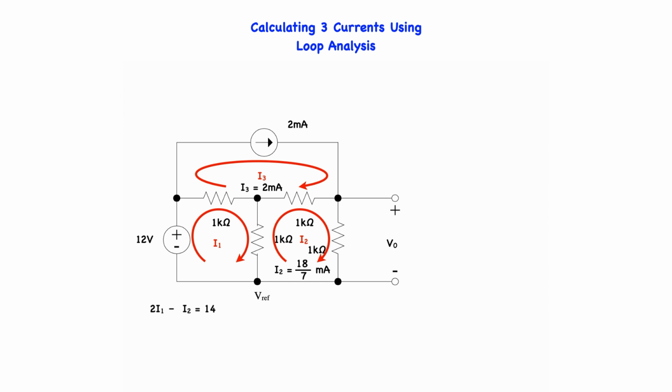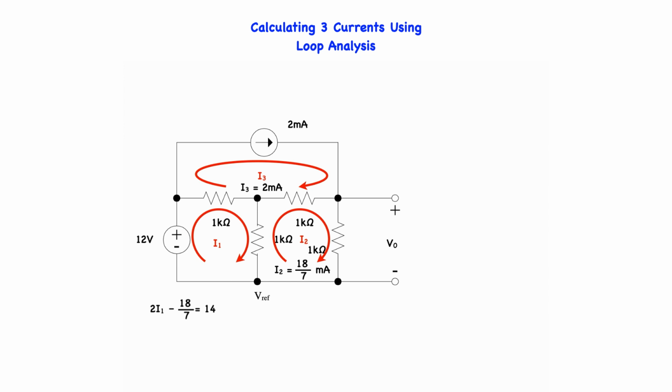Using the equation 2I1 minus I2 equal to 14, we know that I2 is 18 over 7, so we can just plug that into the equation to give us 2I1 minus 18 over 7 equals 14.